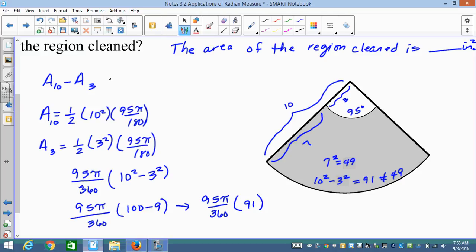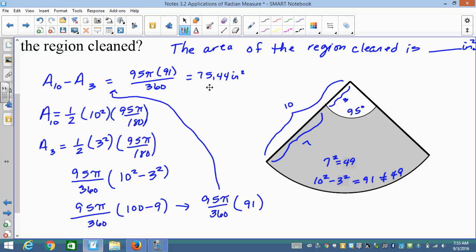Okay, so the area between these two equals 95 pi times 91 over 360, because this is what I'm going to throw in the calculator, which is going to give us 75.44 inches squared.